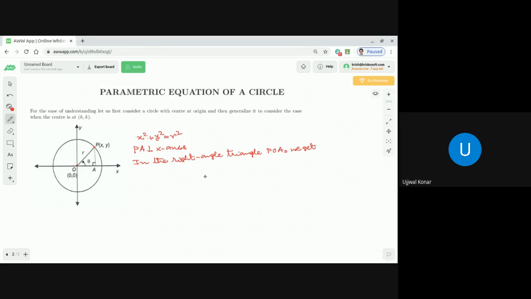What is x? x is OA. So let me write elaborately. What is cos theta? Cos theta is equal to base by hypotenuse, that is OA divided by OP, and sin theta is equal to AP by OP.